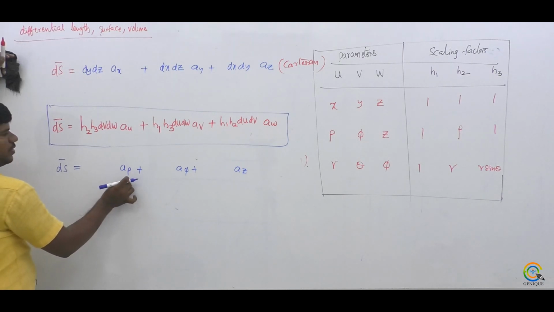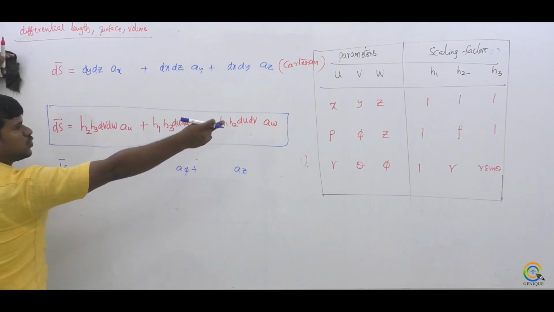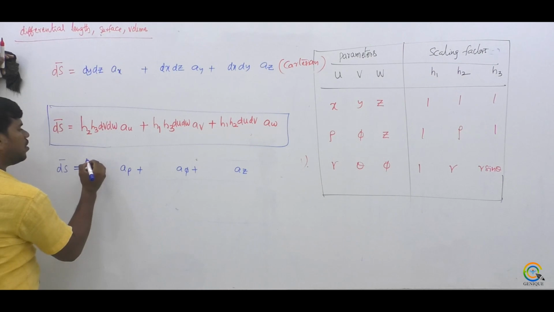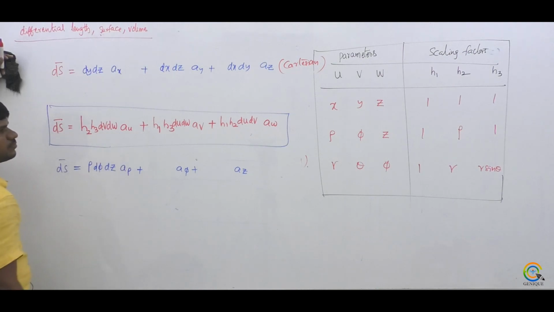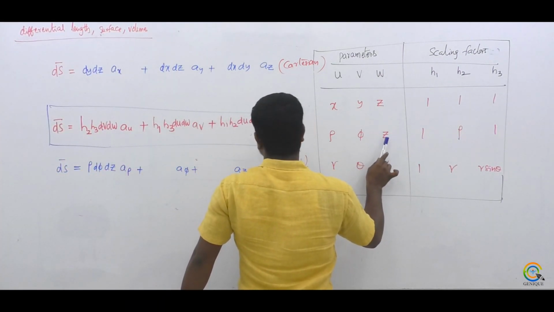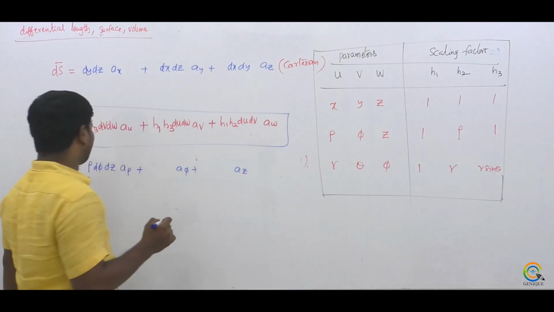In the direction of a rho, I have to write h2 h3. h2 h3 is 1 into rho into 1. It is rho d phi dz, that is, dv dw.